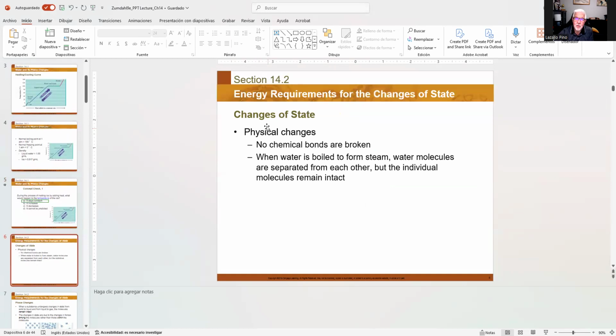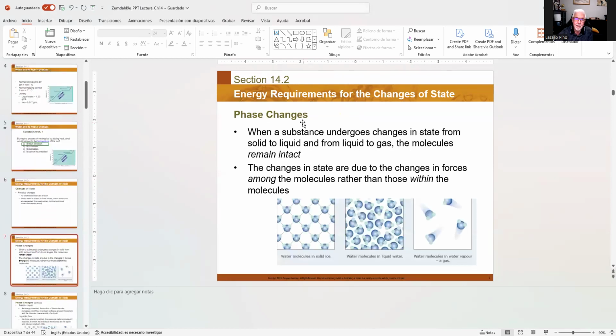As I told you before, the changes of states are physical changes because no chemical bonds are broken. When water is boiled to form steam, water molecules are separated from each other, but the individual molecules remain intact. Phase changes.